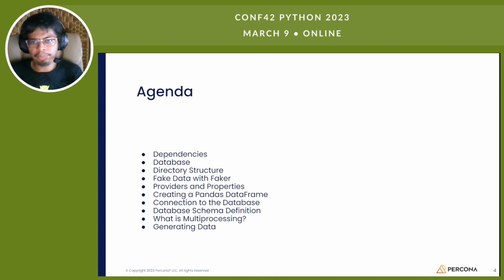But as we are using pandas, pandas has a built-in method for inserting data into SQL databases like MySQL or Postgres, and we would use that built-in method for that. And also we will see how to use multiprocessing for improving the runtime of our application, and then we will see how we generate data by running the scripts that we will create.